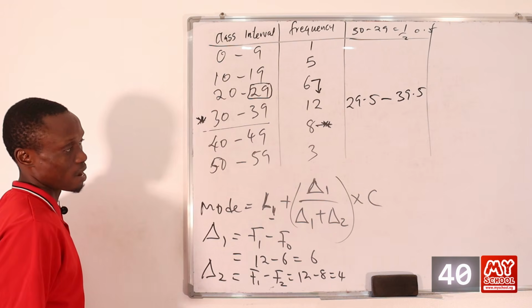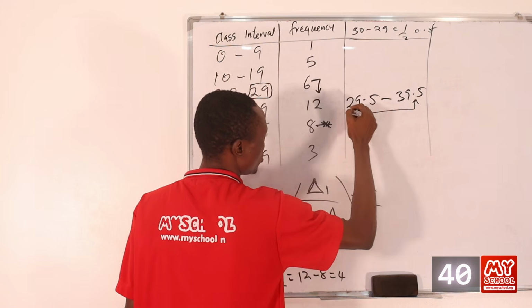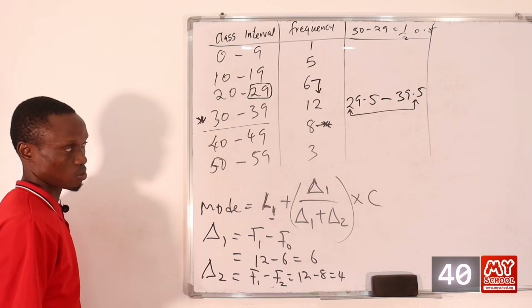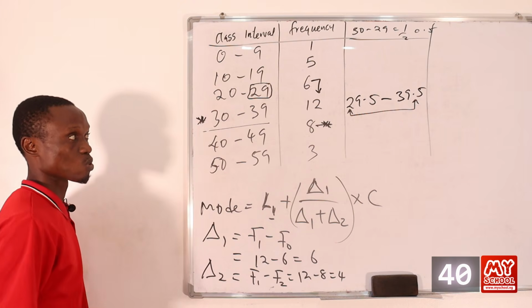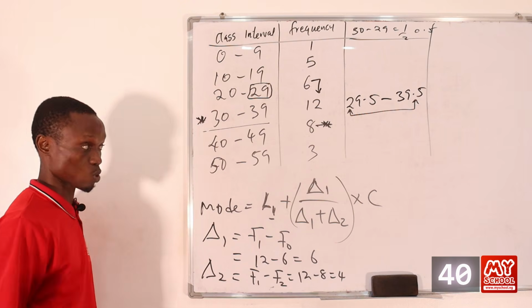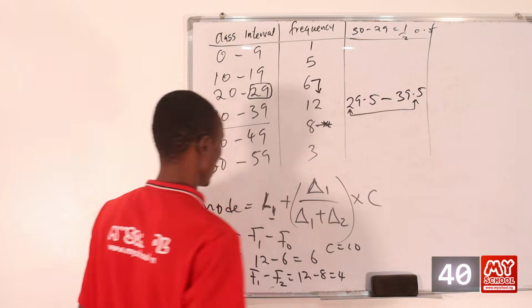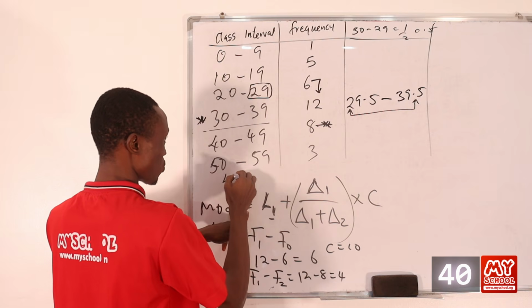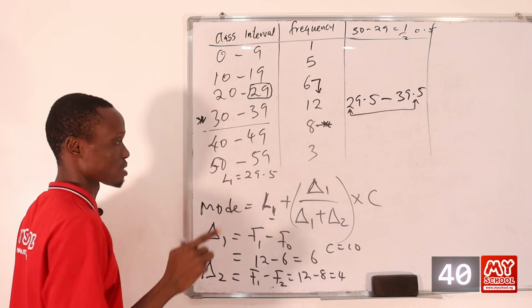Then our class size is just the difference between the upper class boundary and the lower class boundary, and that is 39.5 minus 29.5, which is equal to 10. So we know our C to be equal to 10, and our L1 is equal to 29.5, which is the lower class boundary.